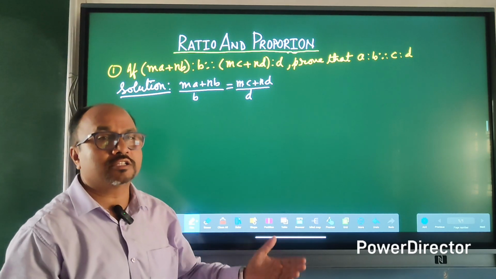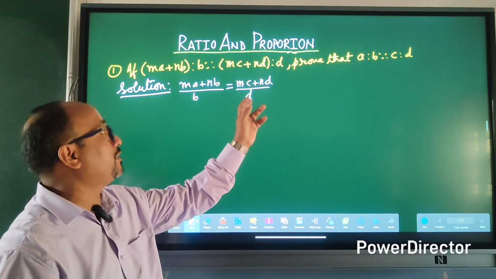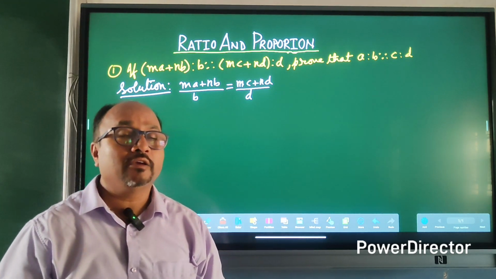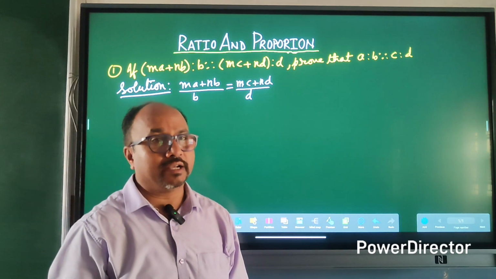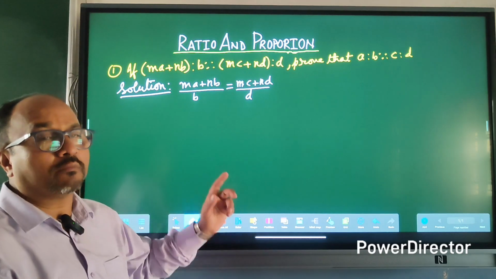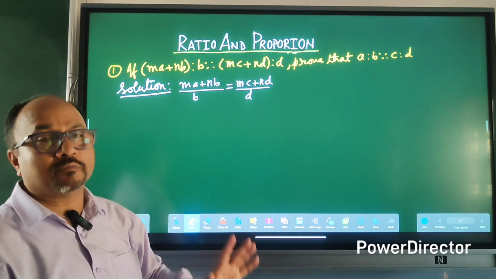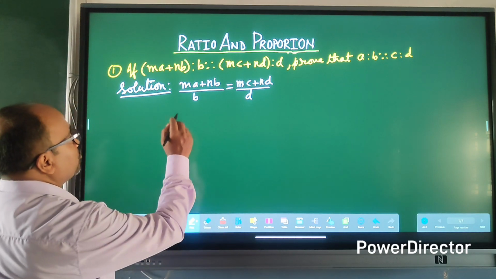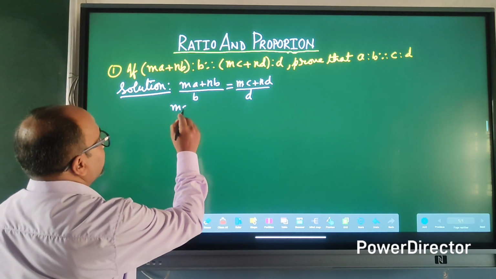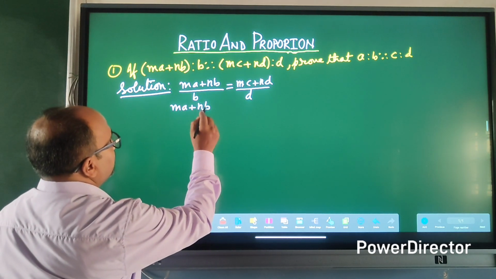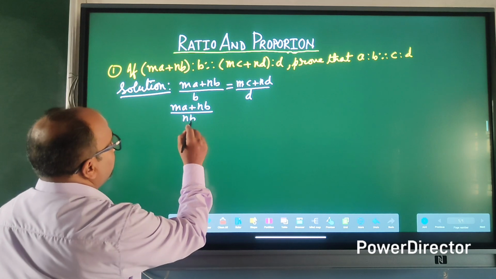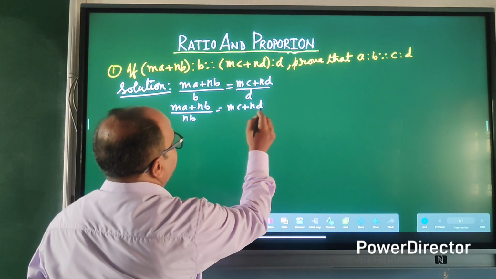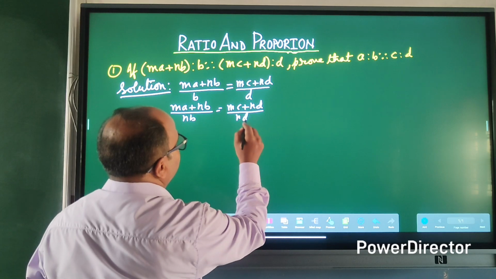A similar relationship I see here, d is having an n, but here there is no d. So what do I do? I multiply 1 by n on both the sides. So this will become nb, this will become nd. Multiplying 1 by n on both the sides, I get (ma + nb)/nb = (mc + nd)/nd.